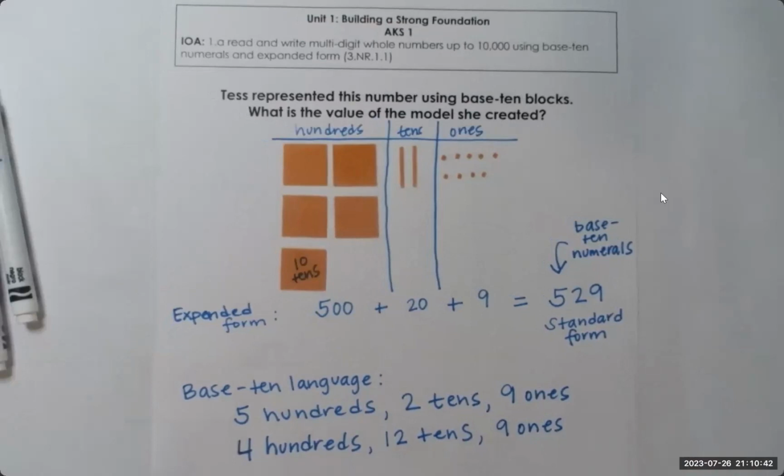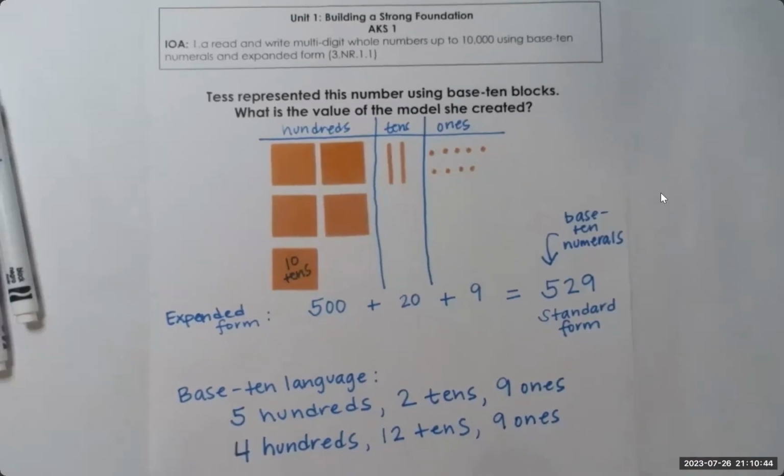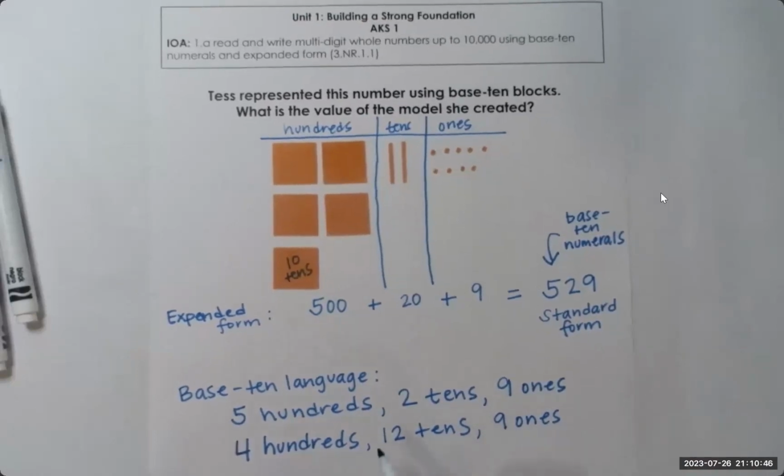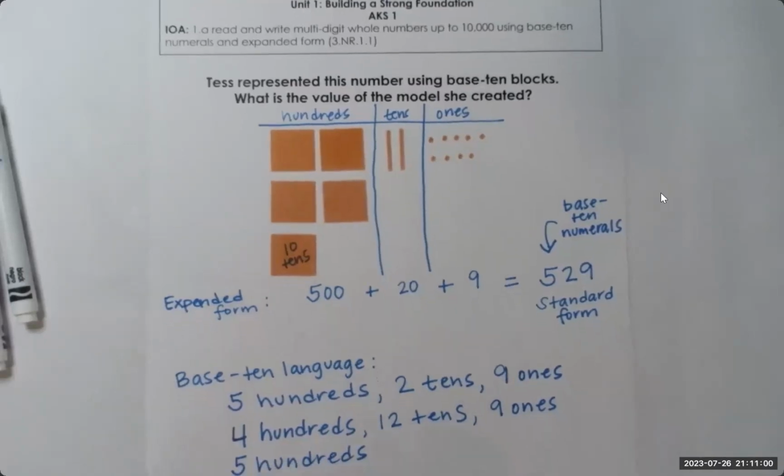So I could keep going. For example, if I wanted to do 3 hundreds, then I would have 22 tens and 9 ones. I could also do the same thing where I keep my hundreds, but I only have 1 ten.